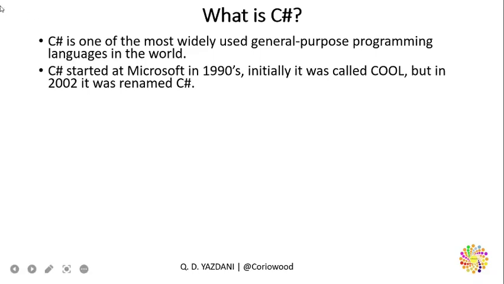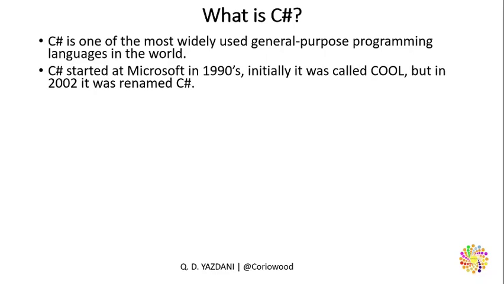C Sharp started at Microsoft in the 1990s. Initially it was called COOL, but in 2002 it was renamed C Sharp. COOL stands for C-like Object-Oriented Language, and later on the name was altered to prevent trademark concerns, since C Sharp is formed within the .NET framework initiative by Microsoft.